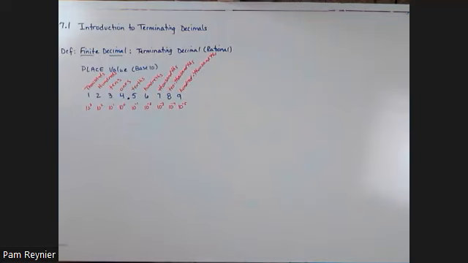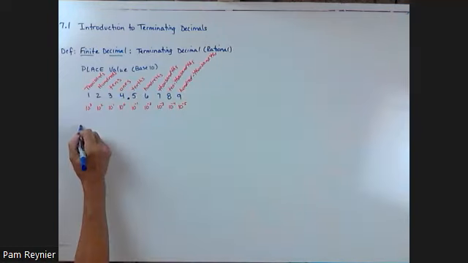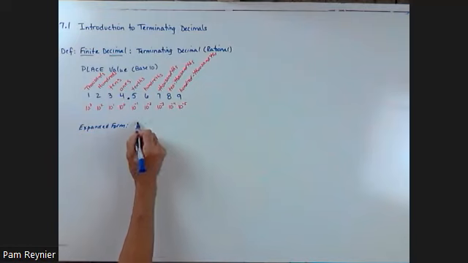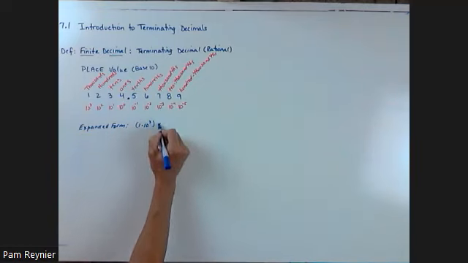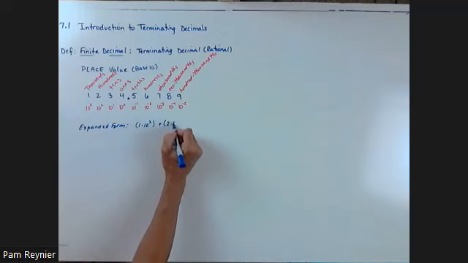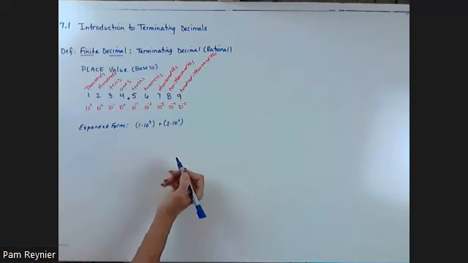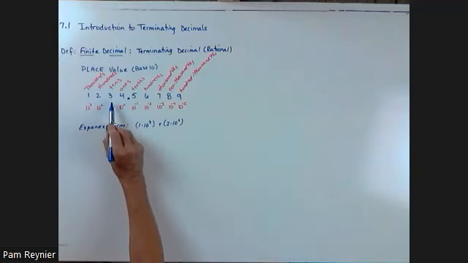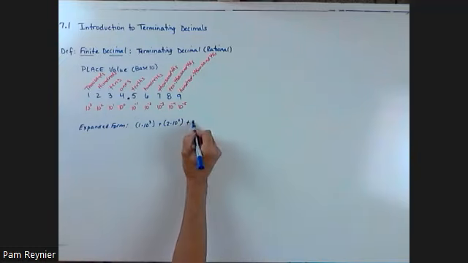So let's take a look first and expand the following, exactly like we did back when we were doing the bases in a previous chapter. So let's take a look at expanded form. Let's say I give you 1 times 10 to the third plus 2 times 10 squared. This would be 3 times 10 to the first.